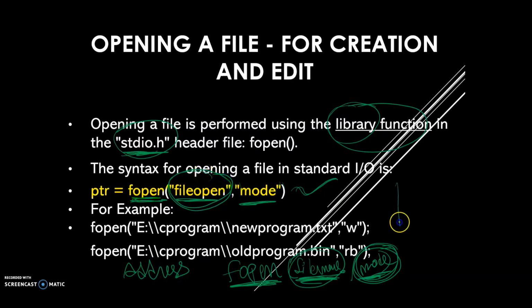So if I say that this is the file, and of course this file must be on the hard disk somewhere in memory, and this is the starting address, let's say it starts with 1001. So this 1001 will be stored in this ptr, and this ptr will point to this particular file. This is something very important when we talk about files.